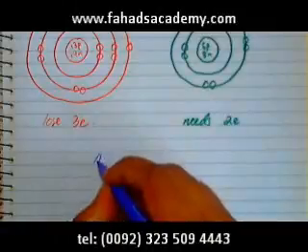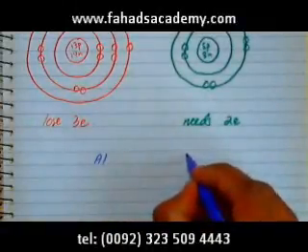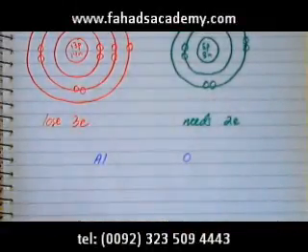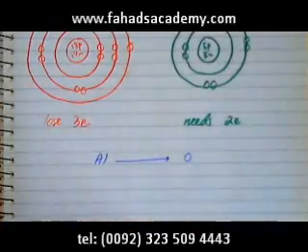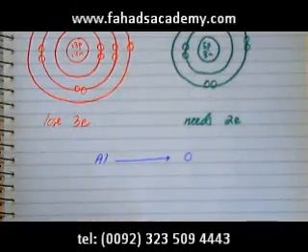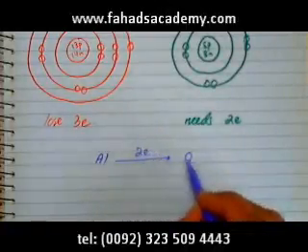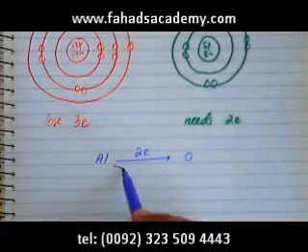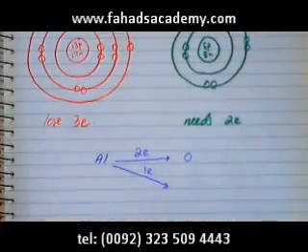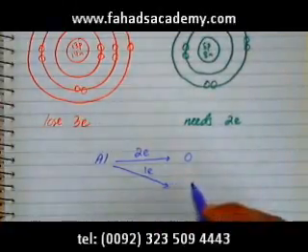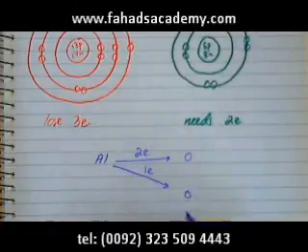Let's simplify this. There's aluminium and there's oxygen. Aluminium is losing 3 electrons, whereas oxygen just needs 2 electrons. So aluminium gives 2 electrons to this oxygen, but there's another aluminium electron which has no place left to go. So for that 1 electron, you would have to bring another oxygen in.